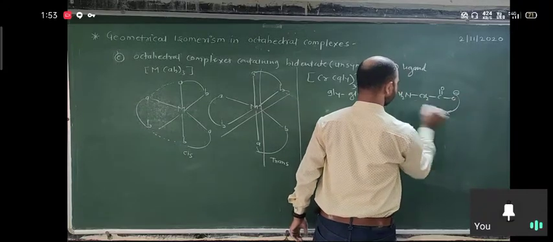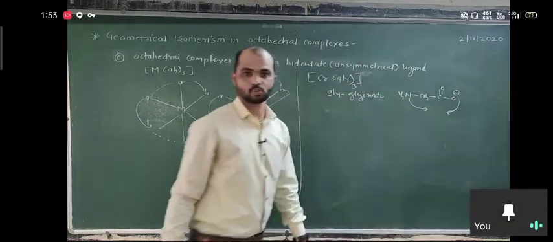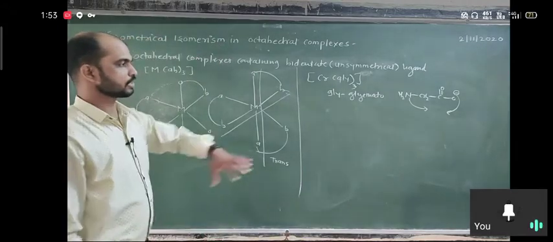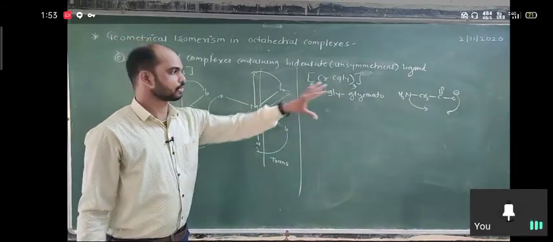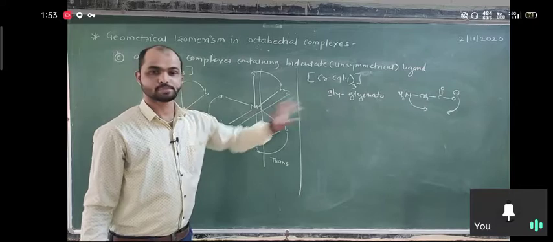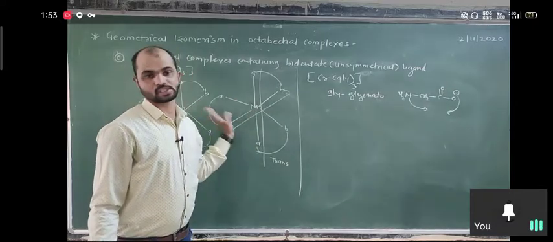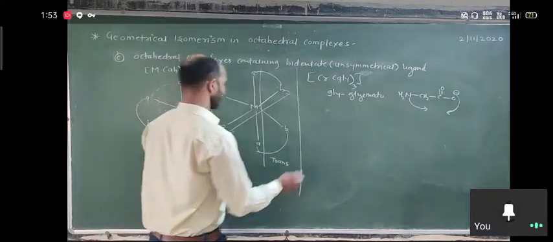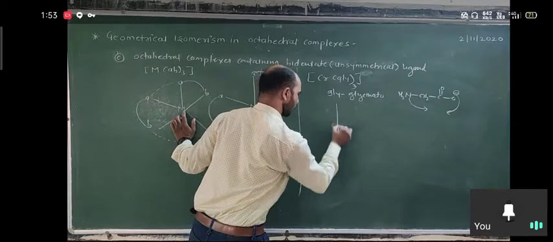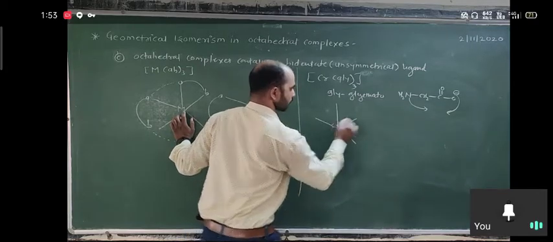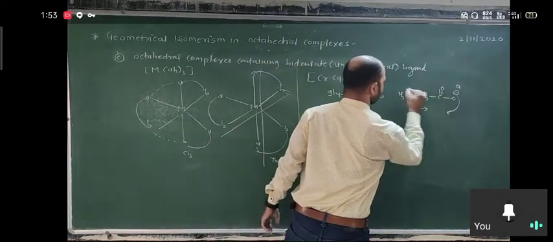Oxygen and nitrogen are the two donor atoms. Suppose you consider oxygen is A and nitrogen is B. So draw the structure this way. For the first case, at the center is the chromium. Suppose here we consider the A atom and the B atom.